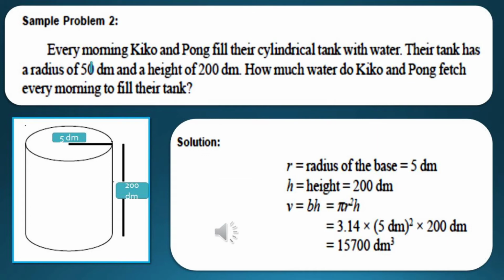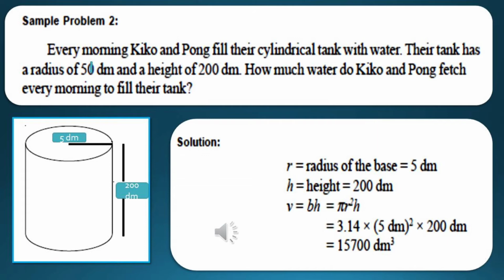Very good! It's 15,700 cubic decimeters. How did you get the answer? Let's discuss. Where r is the radius of the base, 5 decimeters, h is the height, 200 decimeters, volume is equivalent to pi times r to the second power times h.